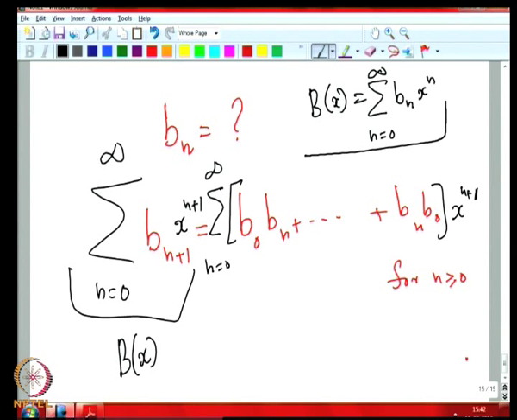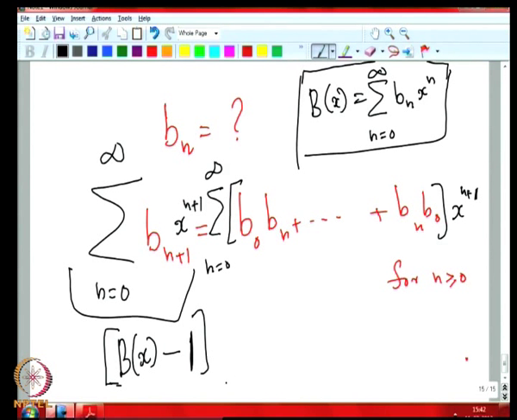Suppose this is the generating function for the sequence b0, b1, b2, b3, etc. So, this will be b of x minus, if you put n equal to 0, this is from b1 x raised to 1 onwards only. So, we have to introduce the b0 into x raised to 0, which is anyway b0, and b0 we have decided to be 1.